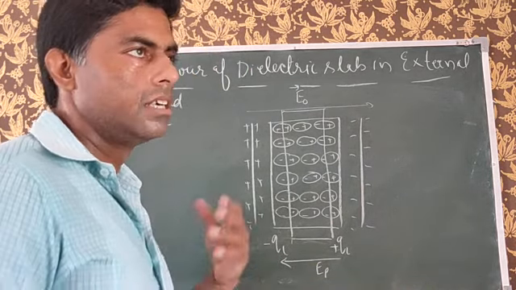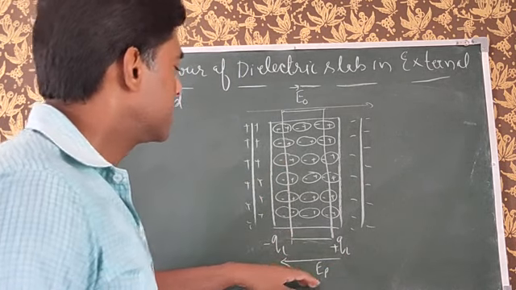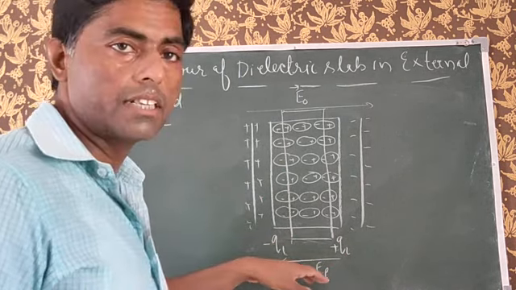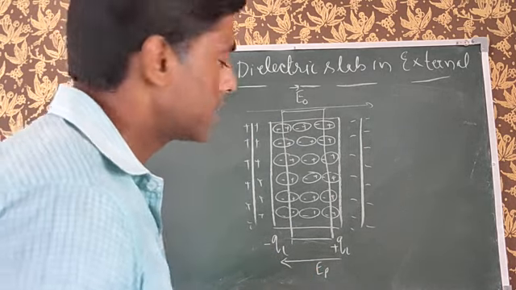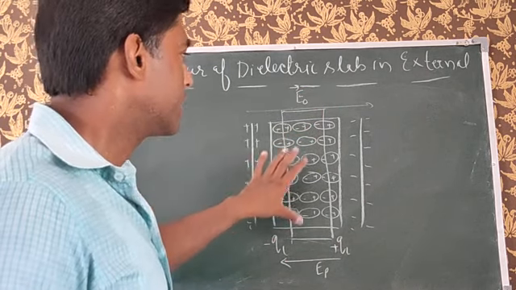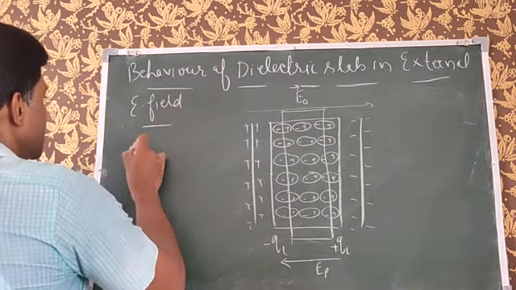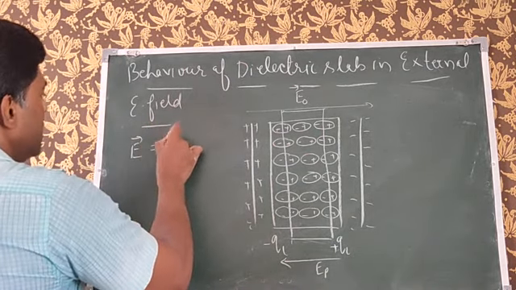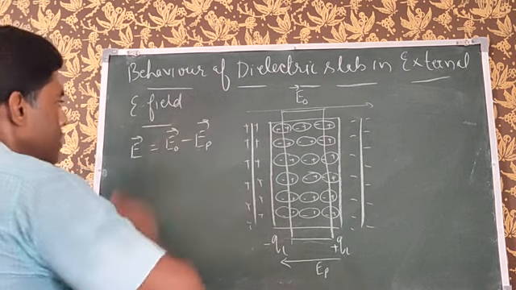The direction of this internal electric field, produced due to polarization of the dielectric slab, is opposite to that of the external electric field. So the net electric field acting on the dielectric slab is represented by the vector E, and it is equal to E naught vector minus EP vector.